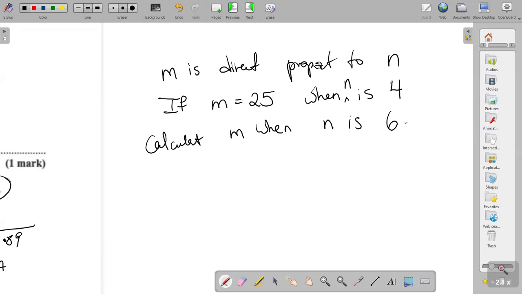So M is directly proportionate to N. If M is equal to 25 when N is 4, calculate M when N is 6.